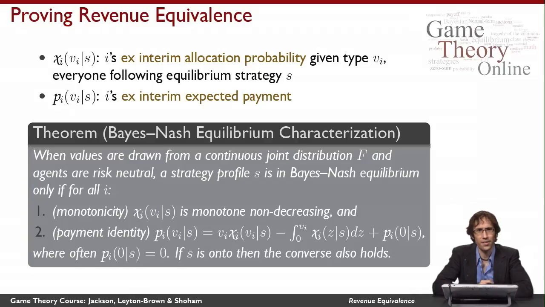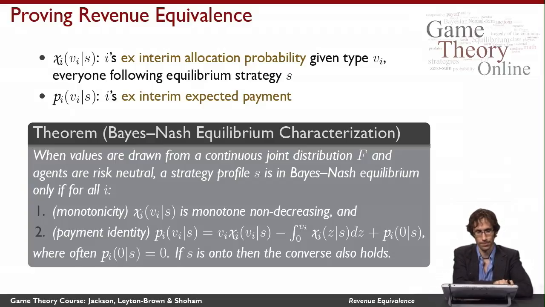So what does it mean for S to be onto? It means there's some type you could have that would lead you to make any given bid. So I can always simulate any action that I want to take in the game by pretending to have a certain valuation. So that means that I can get to any action in the game by having a valuation. Formally, we say the strategy profile is onto.